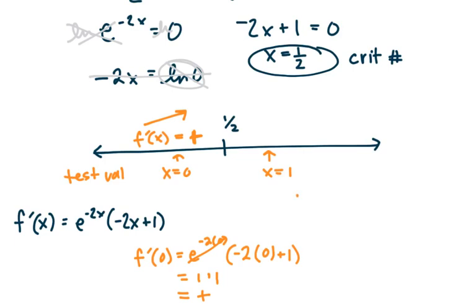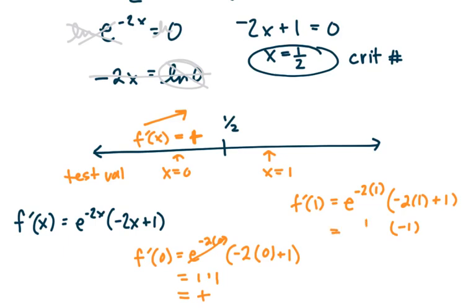So we'll do the same thing, f prime of 1. F prime of 1, that is e to the negative 2 times 1 times negative 2 times 1 plus 1. So negative 2 times 1 is negative 2 plus 1. I get a negative 1 here.